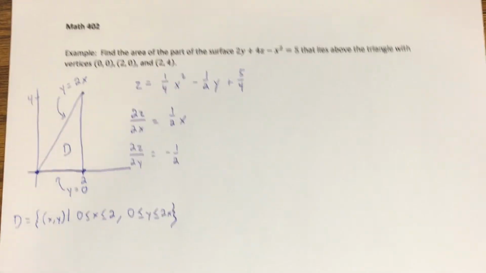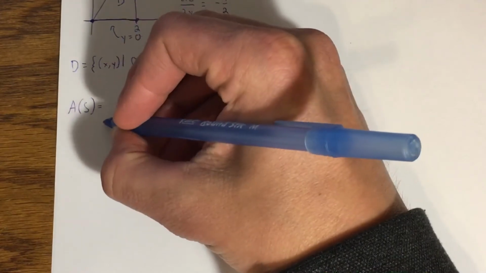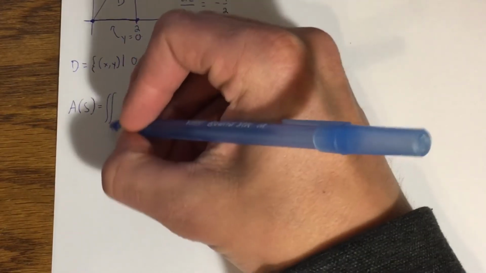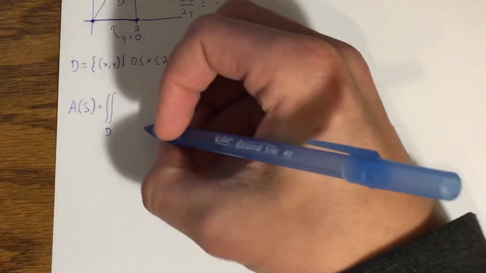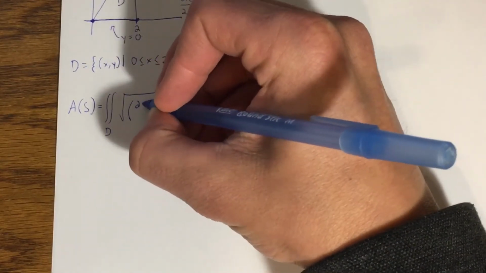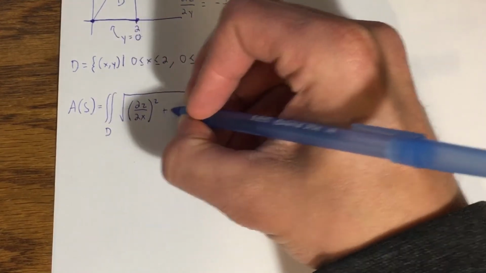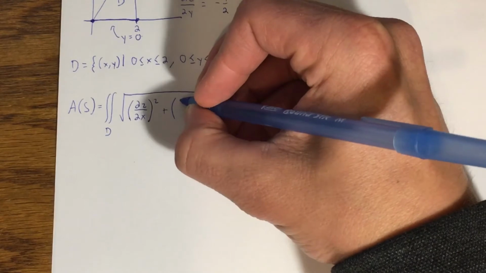And now all I need to do is find my area using that double integral formula. So move this up. The area of my surface is equal to the double integral over D of the square root of the sum of the squares of the two partial derivatives I just found.